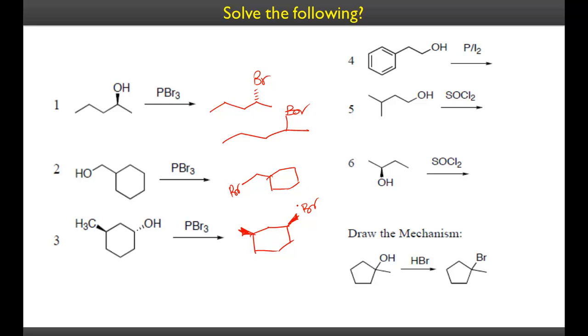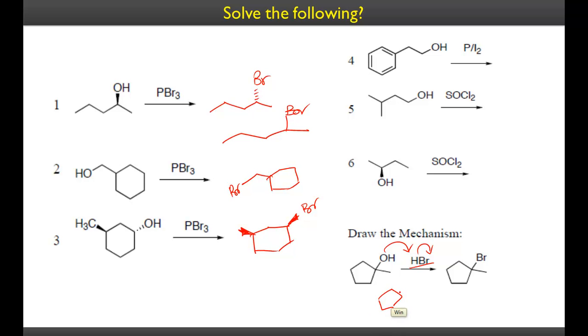So in cases where you have the mechanism, what is the reaction here? So the first step is the protonation of this hydroxy group using hydrobromic acid.